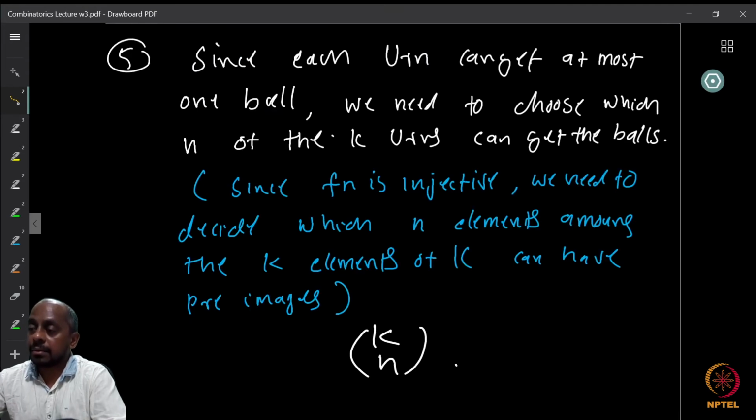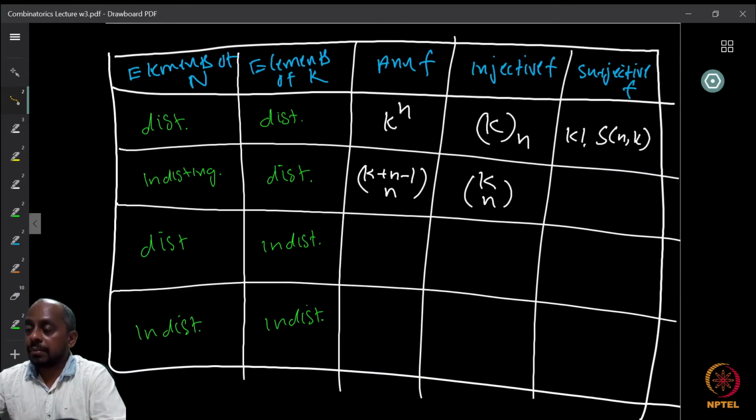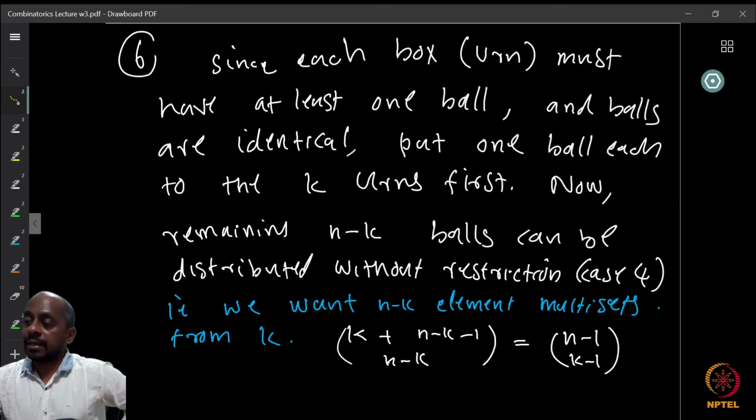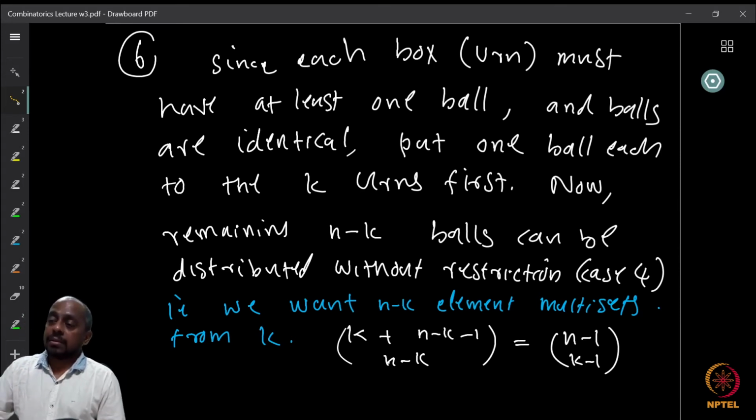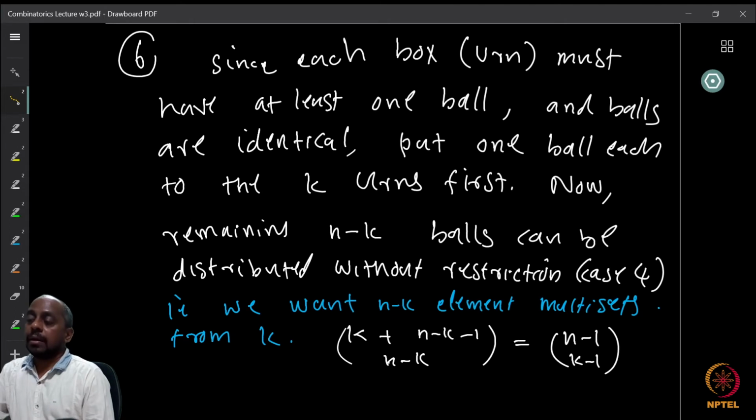We were looking at most one ball in the previous case, but here you should have at least one ball because it is surjective. Since each box must have at least one ball, and each ball is identical to any other ball, let us put one ball each into the k urns first.